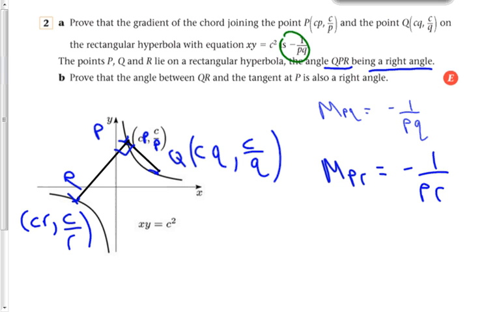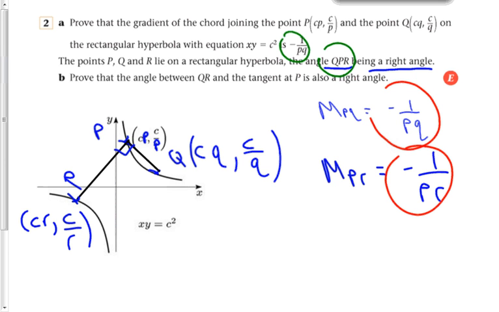So the gradient of the chord joining P and Q is given by minus 1 over pq. Then the gradient of P and R is minus 1 over pr. It's exactly the same thing, but instead of Q, it's R. And we now know that the product of the two, because angle QPR is a right angle, has to equal minus 1.